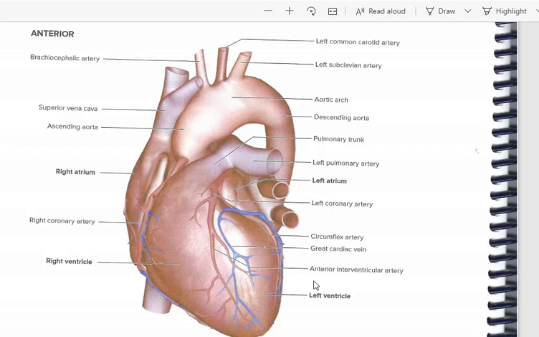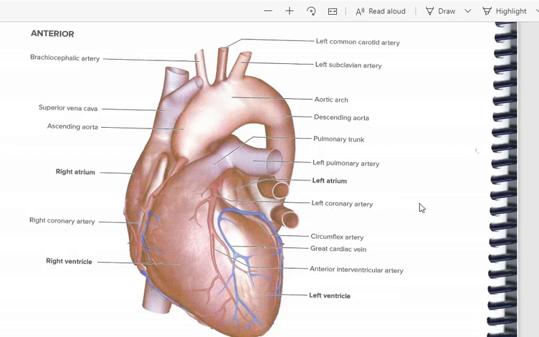And if I were to flip this heart over, there would be a posterior. So this particular artery is called the anterior interventricular artery. You remember when we talked about the septum that separates the left and the right side? Well, running along on the outside of the heart, there is this interventricular artery, and this is in the front. So if you're looking at the person, it would be in the front.